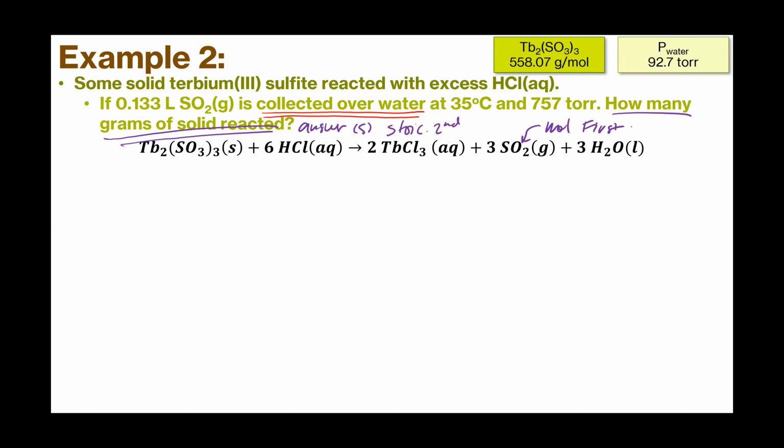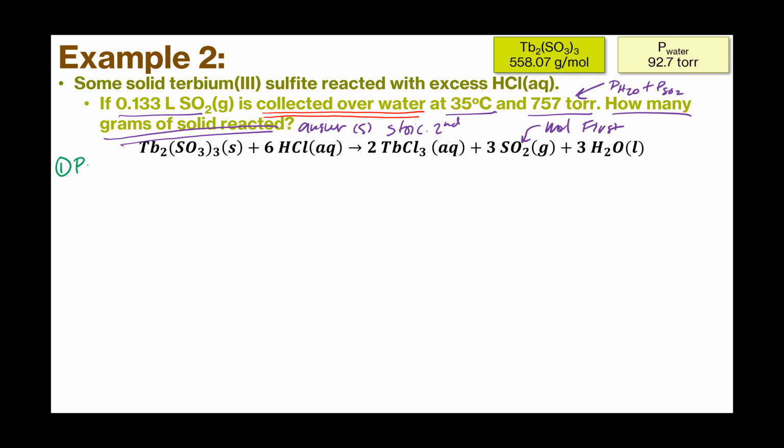We're given liters of SO2, temperature, and pressure, and we can figure this out. Remember, we're doing this over water, so this pressure is water plus SO2. So we have to adjust that. The first thing we're going to do is tackle this gas part.